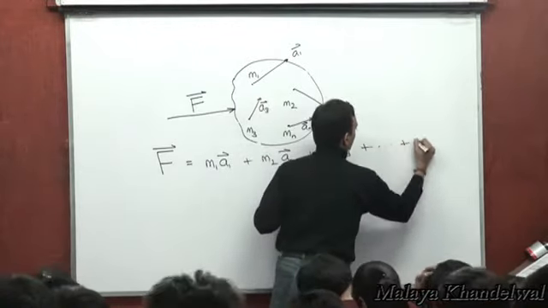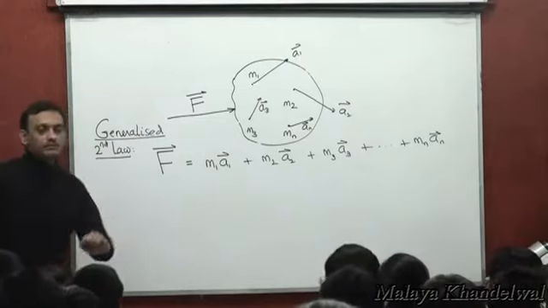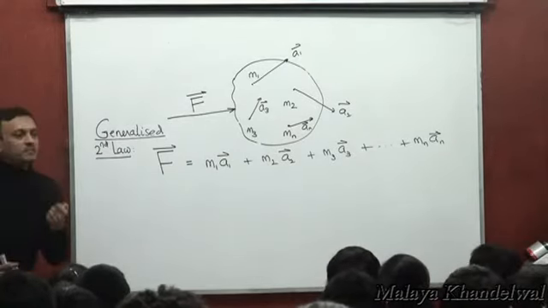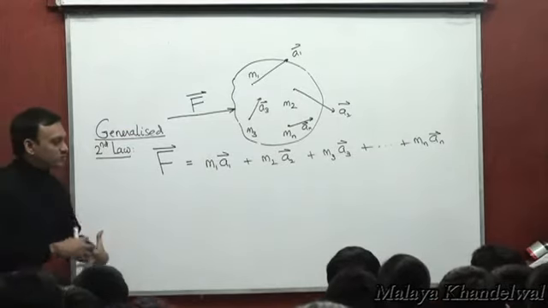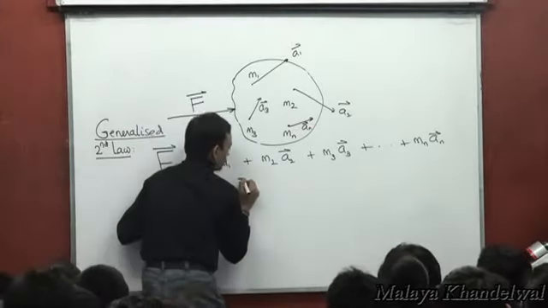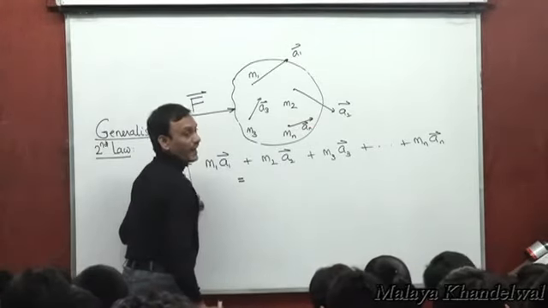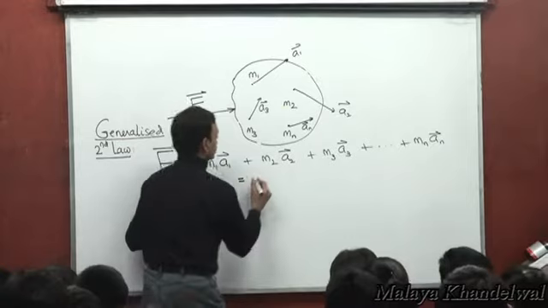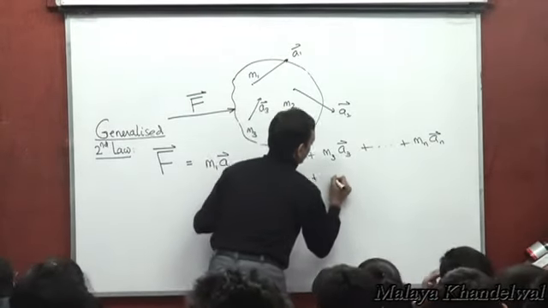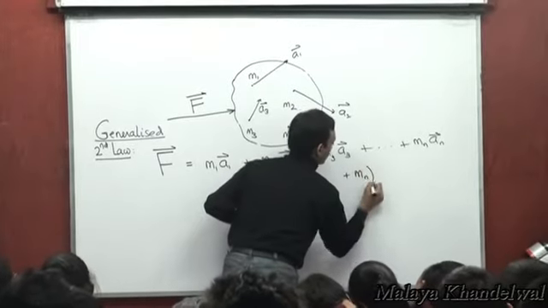Now, if you conceive of a single particle whose mass is m1 + m2 + m3 + ... + mn, that means this collection is replaced by one single particle of the mass of the entire system, then that particle would have an acceleration given by a_CM.